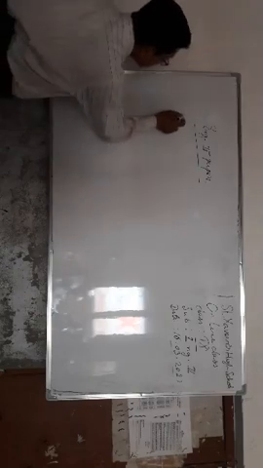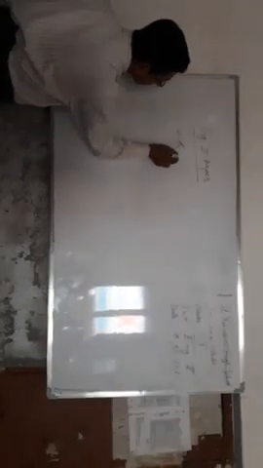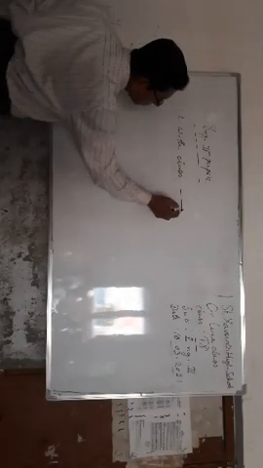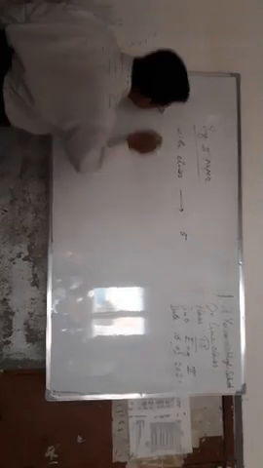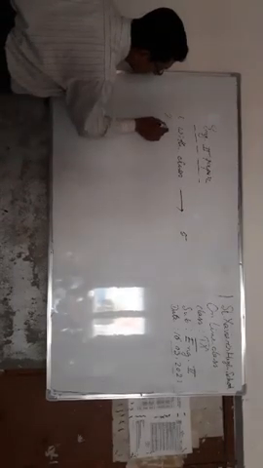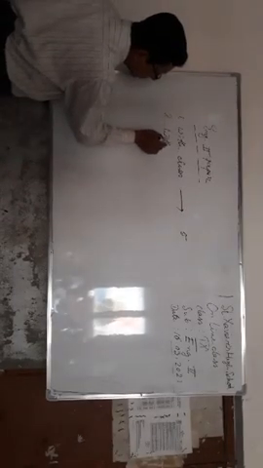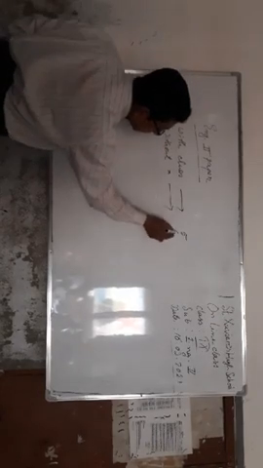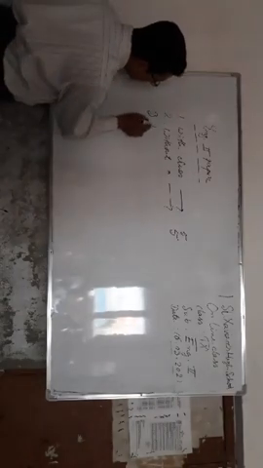Number one, with clues, five marks. Number two, without clues, 5 marks. Number three, table.